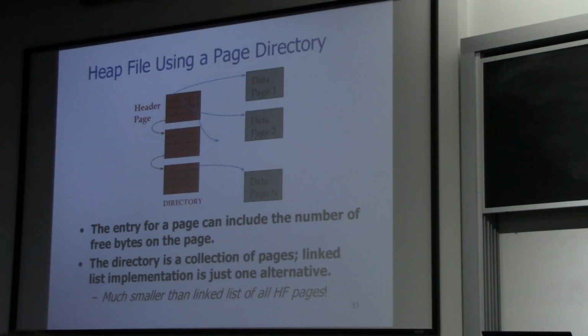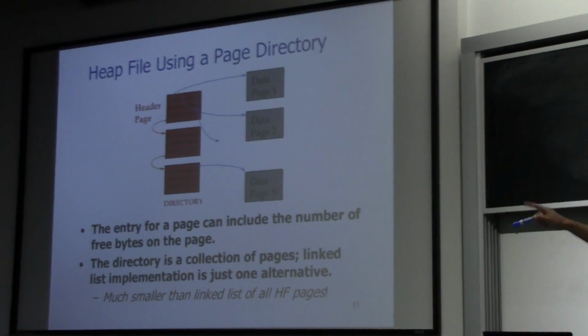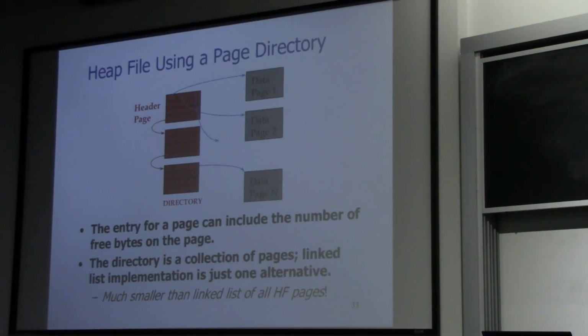Every single page will produce a directory entry for you. The directory entry is a small rectangular box in the header page. So remember, each header page now has multiple smaller rectangular boxes, and each box denotes the metadata entry for a particular page.